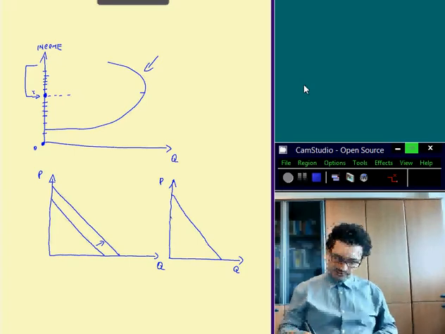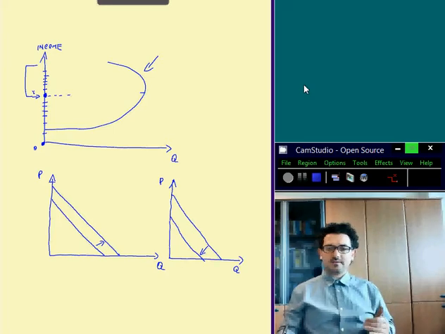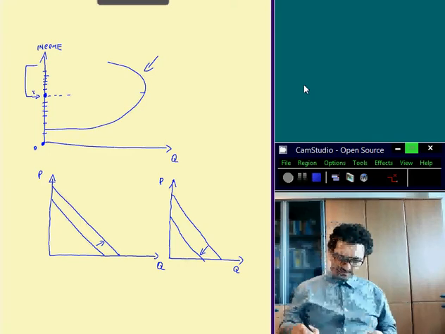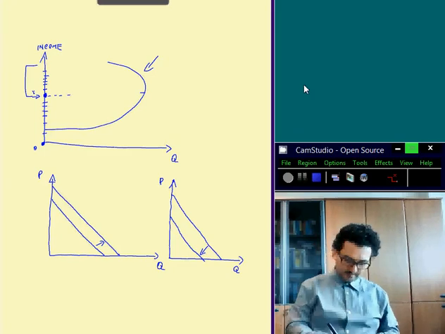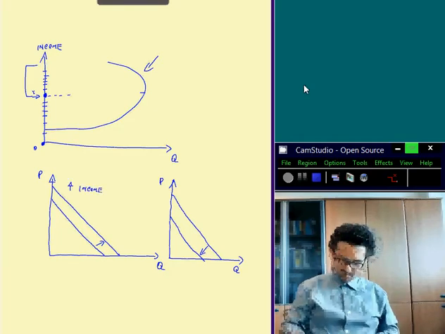It is a shift on the left, because for each level of price now we can see a reduced level of the demand for this good, because we have a lower level of income. So the first picture is the case of an increase in income. The second case is a reduction in the level of income.